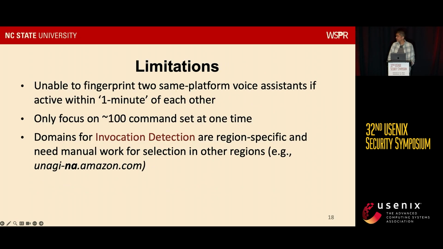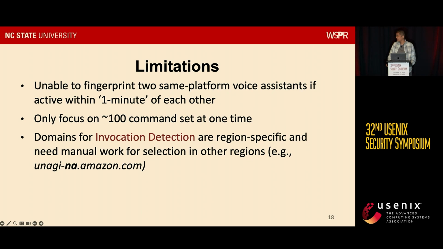However, our work suffers from some limitations. First of all, we can't fingerprint two same-platform voice assistants that are active within 1 minute, or within a set time window of each other, because we're already in the end-to-end process when that comes in, so we won't be able to detect its invocation. And we only focus on about 100 commands at the same time.